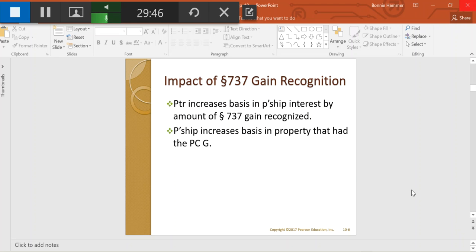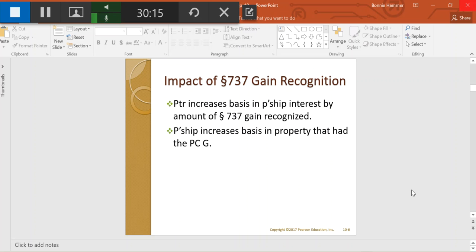Now, the impact of that section 737 gain recognition is that the partner who recognizes the gain gets to increase his basis in his partnership interest by the amount of 737 gain recognized, just like he gets to increase his basis by any pre-contribution gain that he has to recognize because of that 7-year rule that we talked about.